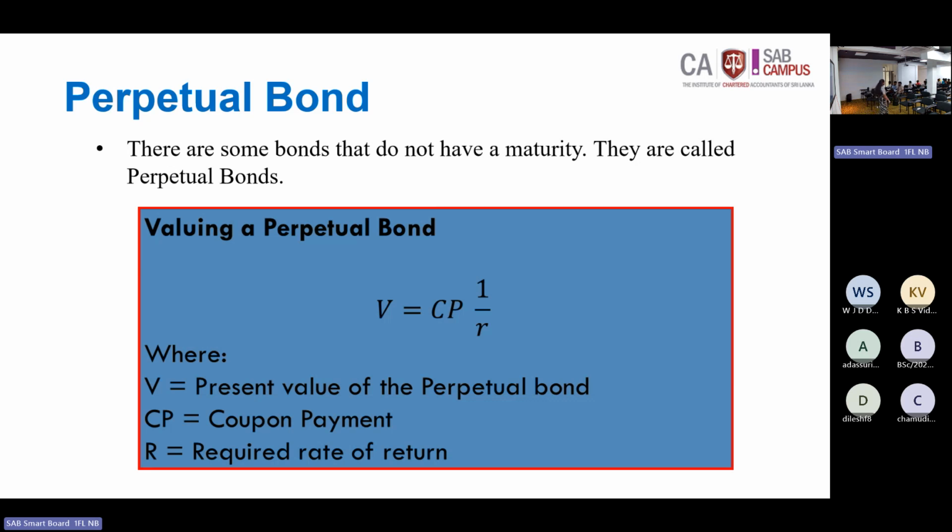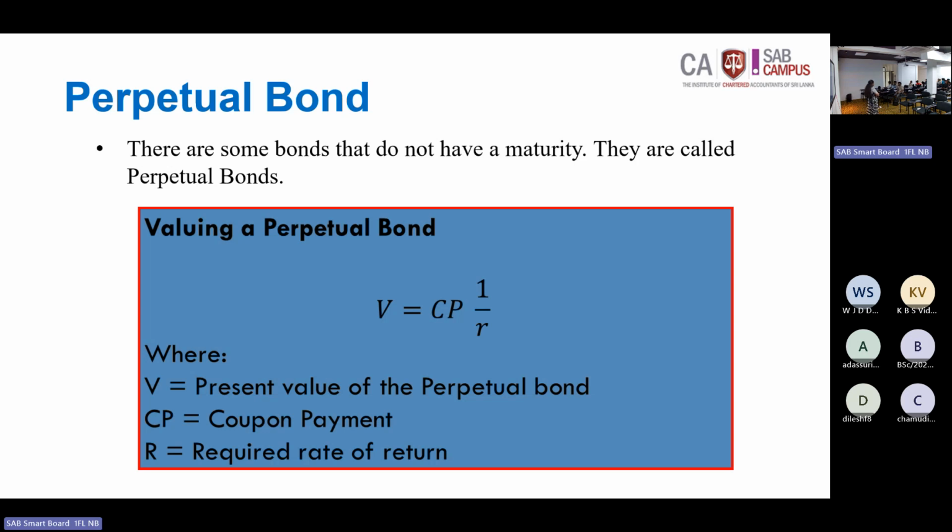If it is so, how can we value the perpetual bond? What are the cash flows relevant for the perpetual bonds? Yes, what are those?